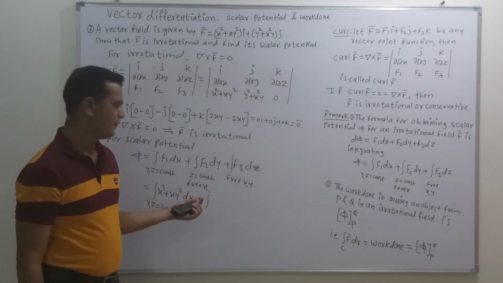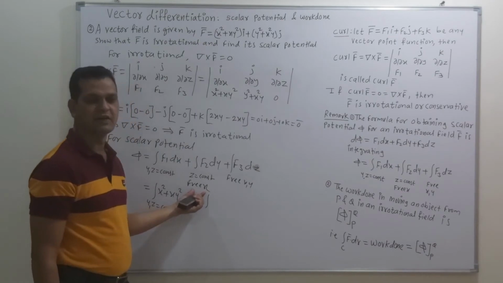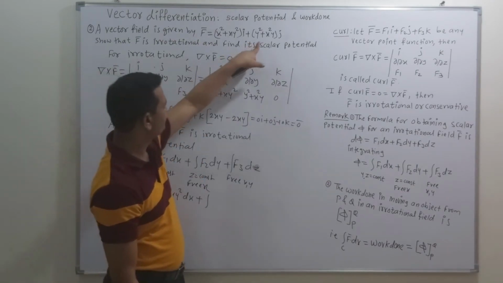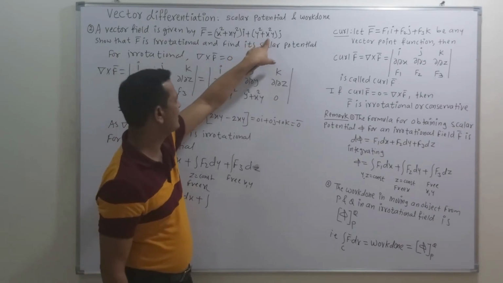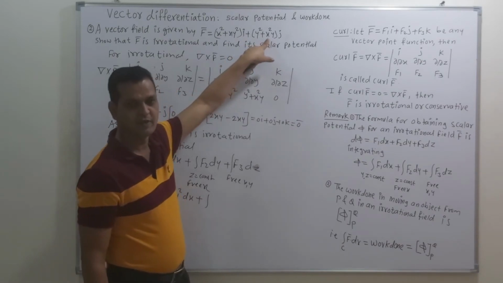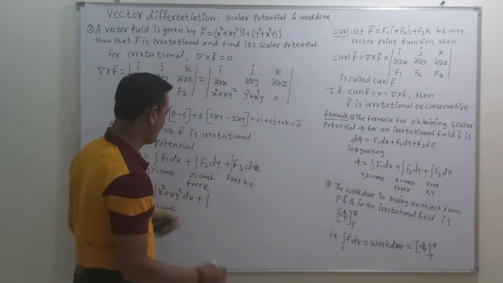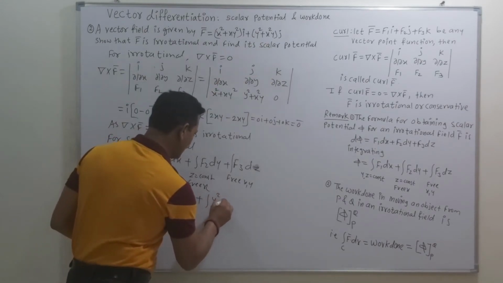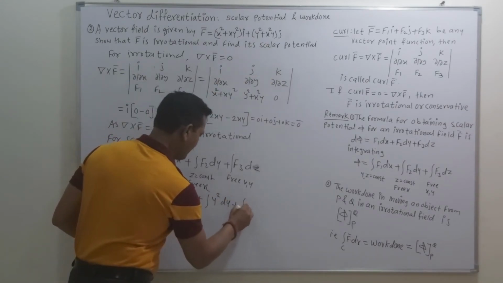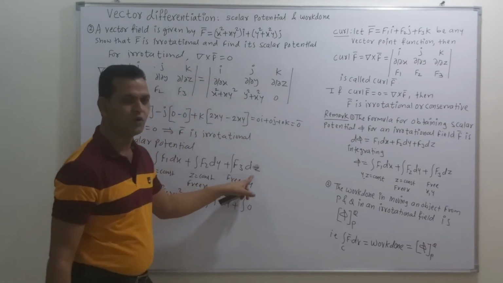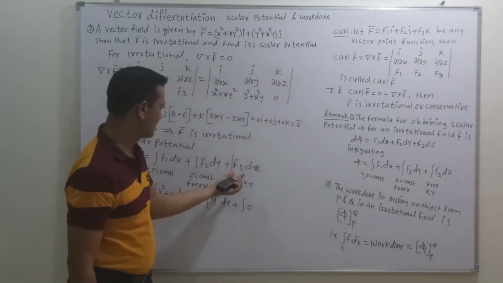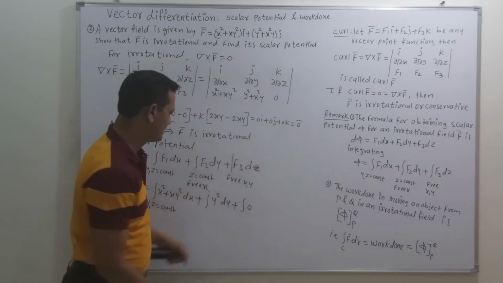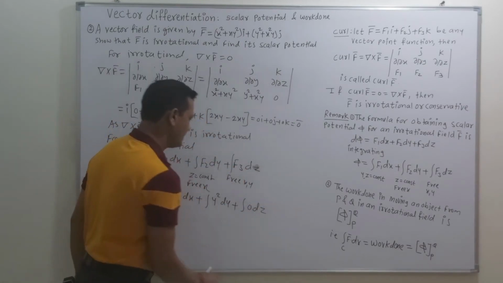While taking the value of f2, choose only those values which are free from x. So in this second term x is available, so avoid this term. So only y square term is there, so we can write y square dy plus, so there is no term having unit vector along z axis, that means this term is 0 into dz.